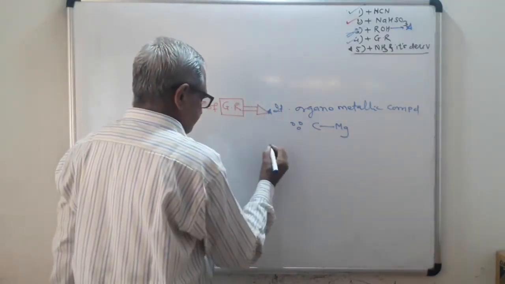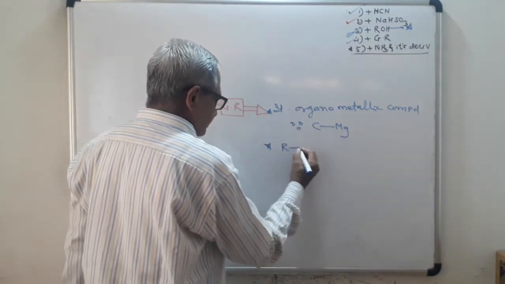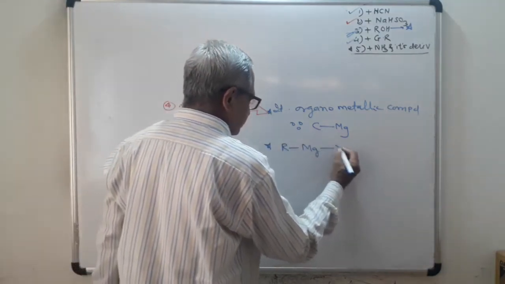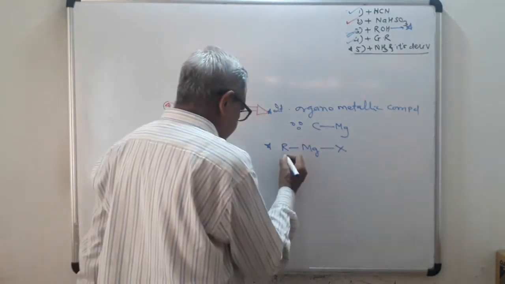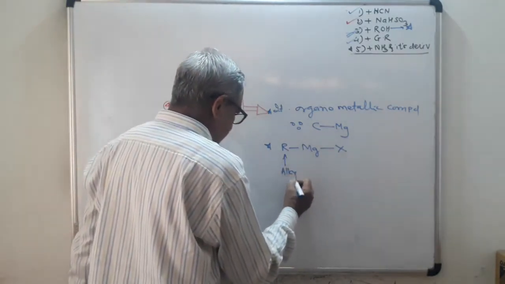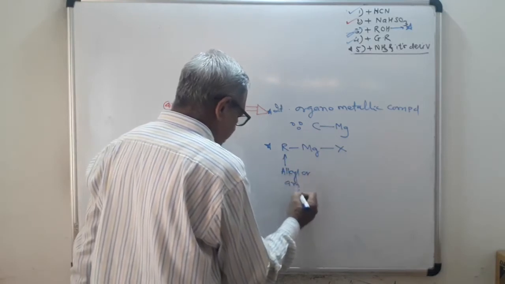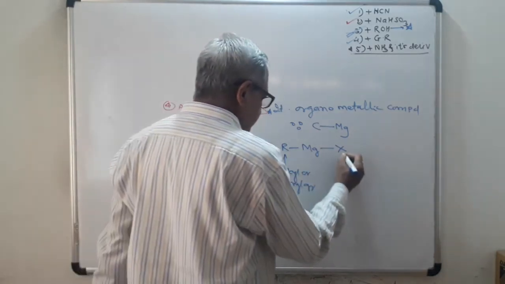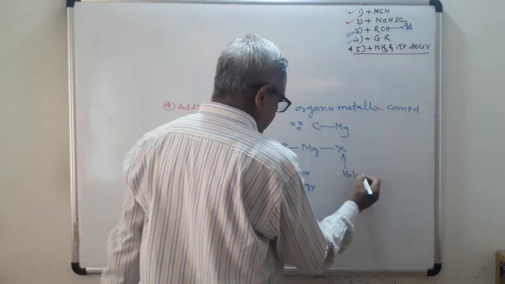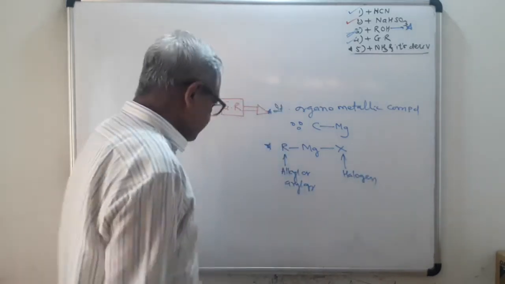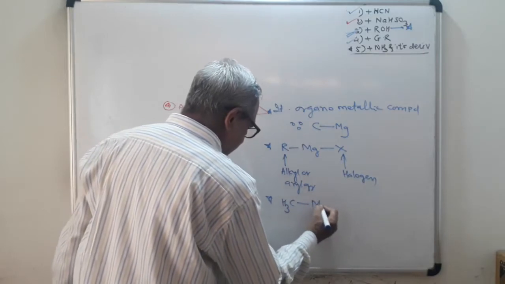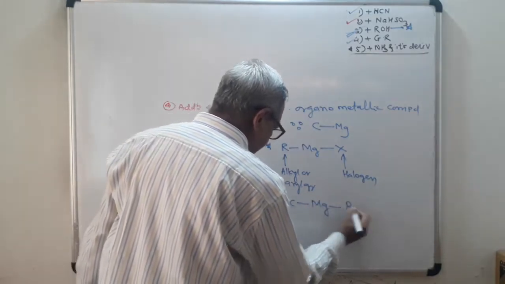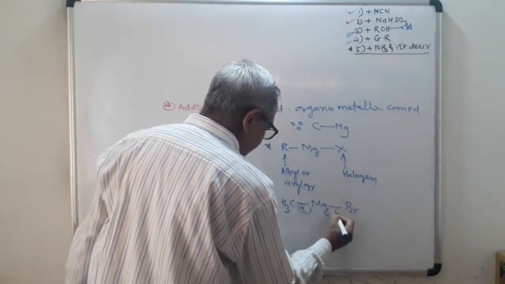Second question, general representation RMgX, where R is an alkyl or aryl group and X is a halogen. See the example here, CH3MgBr. I will set the question: what are A and B?